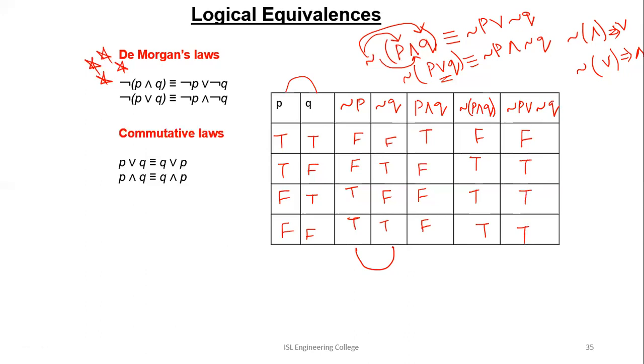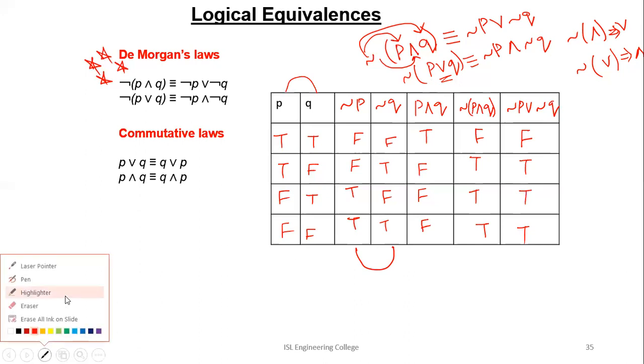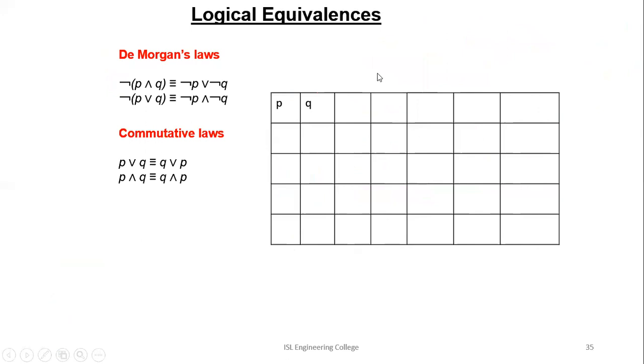The next is commutative laws. This is similar to the mathematics law of a plus b is equal to b plus a, and a into b is equal to b into a. So let's prove it quickly.